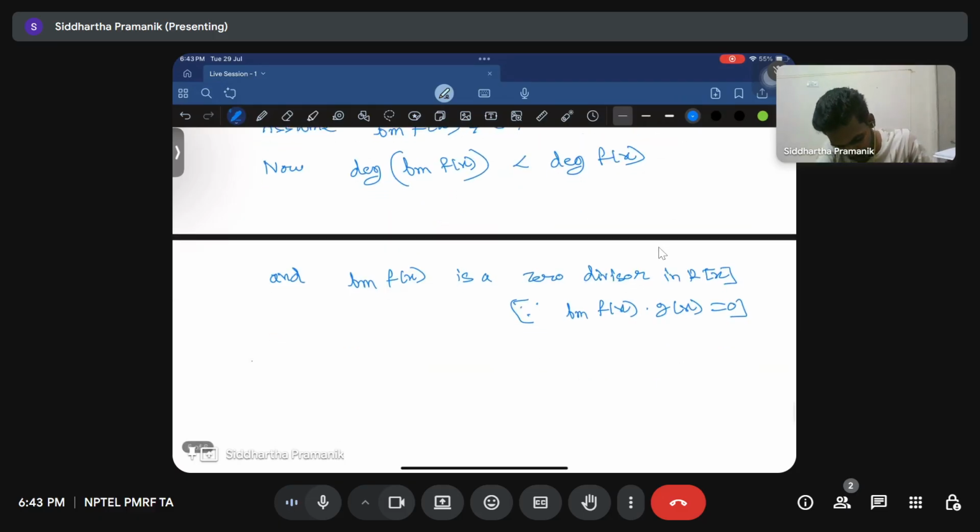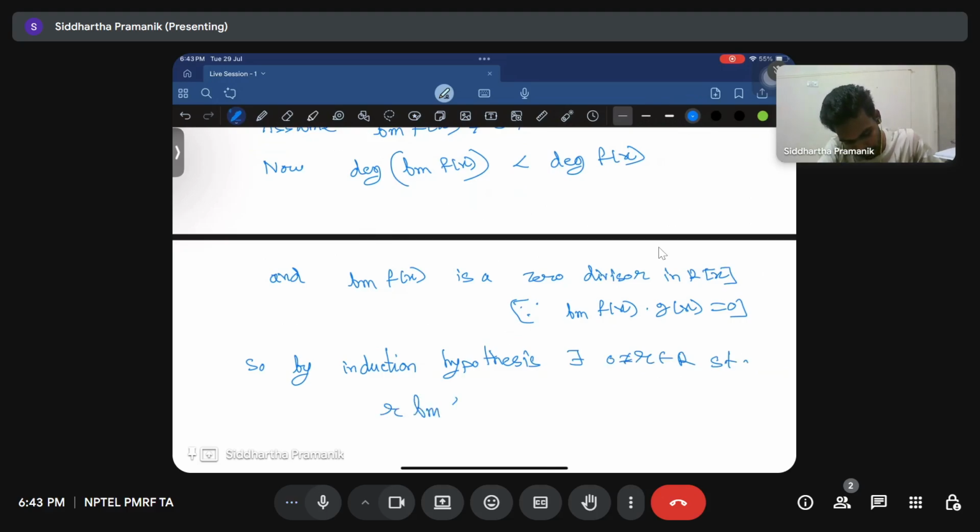So by the induction hypothesis, there exists a non-zero r in R such that r times bm f(x) is 0.